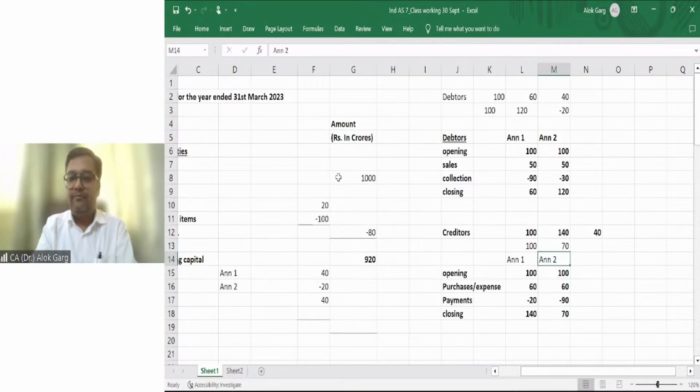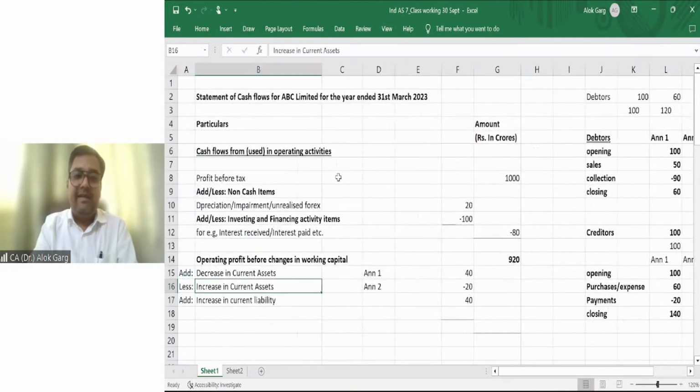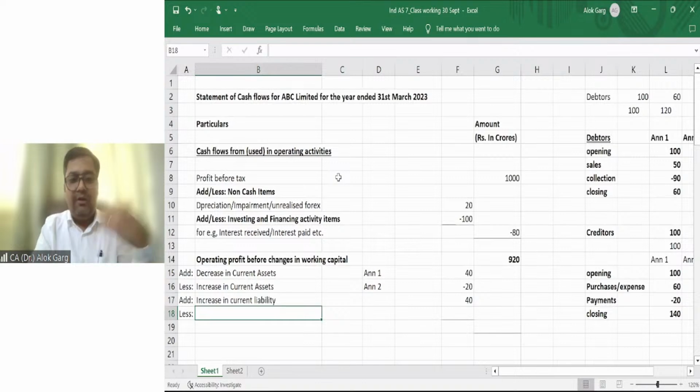Okay. So 30 needs to be deducted. Or I can say that if an increase in current asset is deducted, then a decrease in current liability will also be deducted. Increase in current assets, ulta, decrease in current liability.